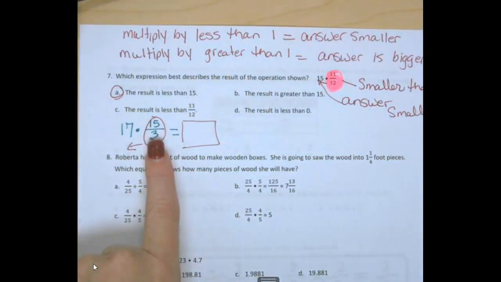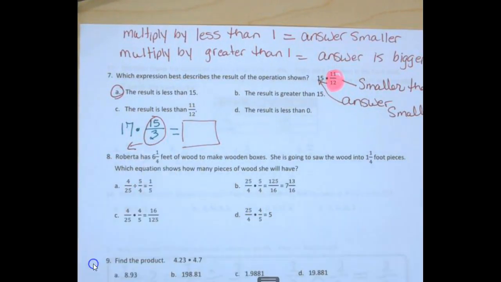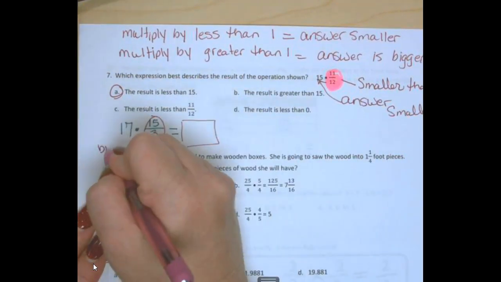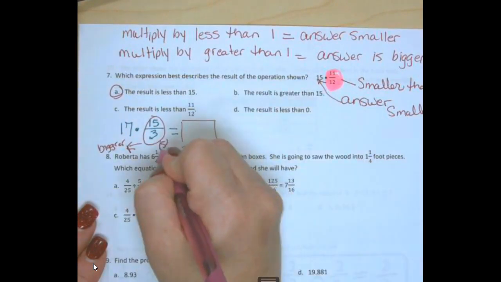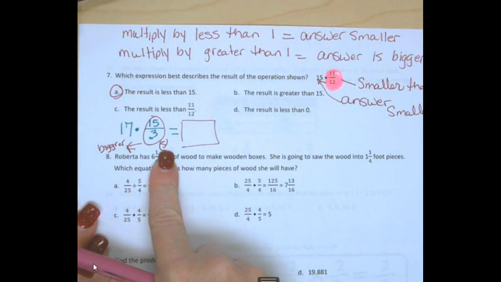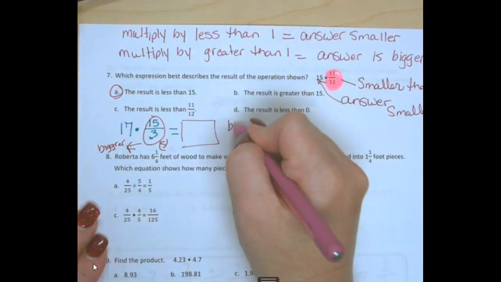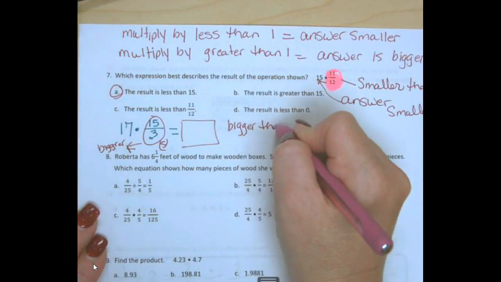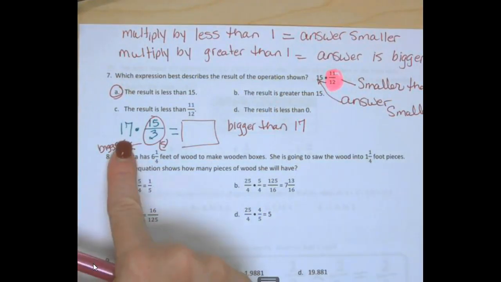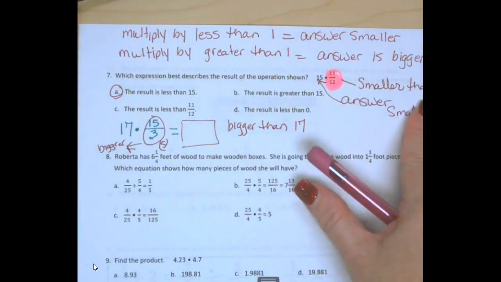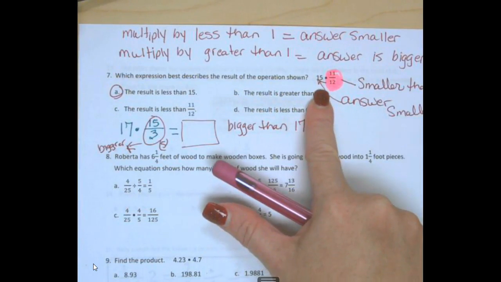What is 15 divided by 3? 15/3 is bigger than 1, right? It's actually 5. So 17 times 5 is going to be bigger than 17. So if you're multiplying by something bigger than 1, your answer is going to be bigger. If you're multiplying by something smaller than 1, your answer is going to be smaller.